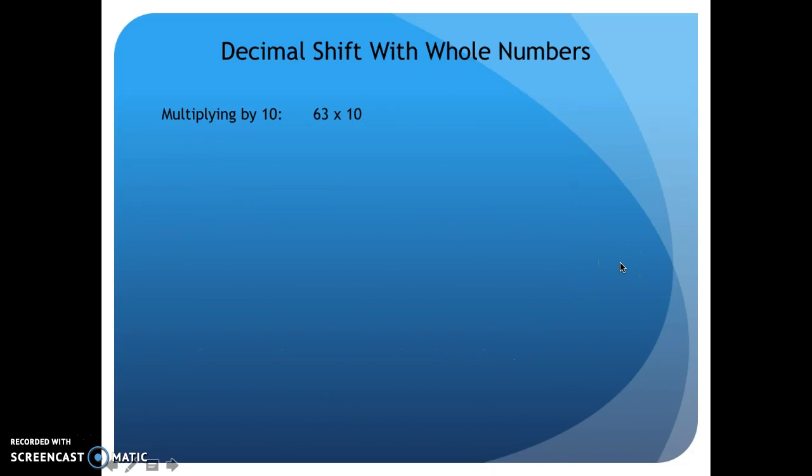All right. So as you know, when we have a number 63 times 10, since we have 1 0 here, we're going to do 63 times 1, and that decimal is going to move one place to the right. Okay, so we're adding a 0 to the end or shifting our decimal one place to the right.